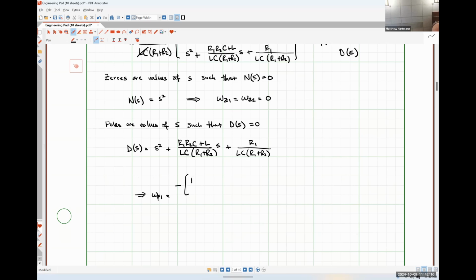Negative (R1 R2 C plus L) over LC times (R1 plus R2), plus the square root of (R1 R2 C plus L) over LC times (R1 plus R2), quantity squared, minus 4 R1 over LC (R1 plus R2).